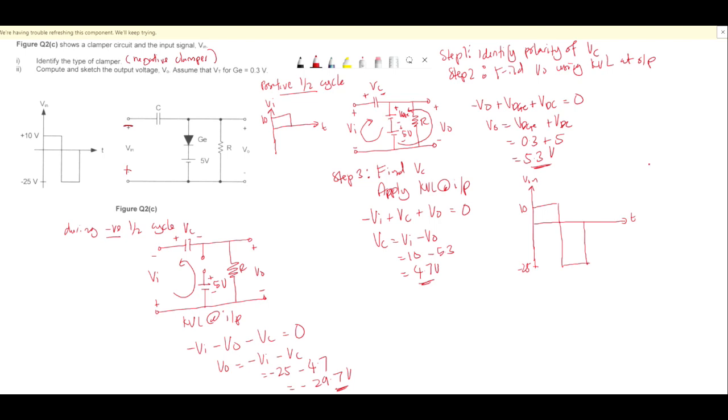This is the input waveform, and then you can draw the output waveform. At the positive half cycle, your output waveform is 5.3. Input is 10, but the output is 5.3. So for example, here I put 5.3.